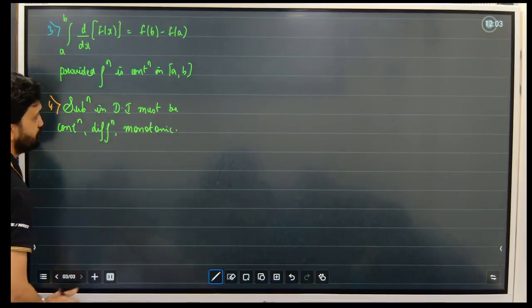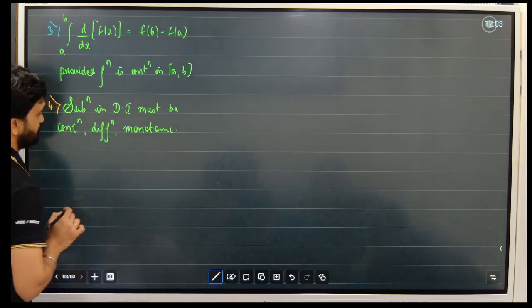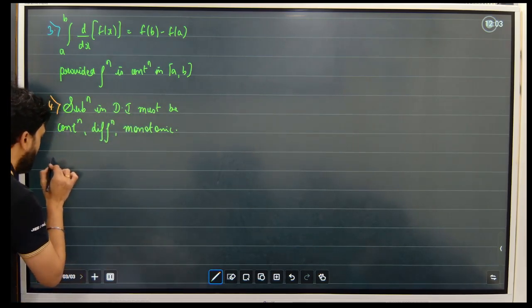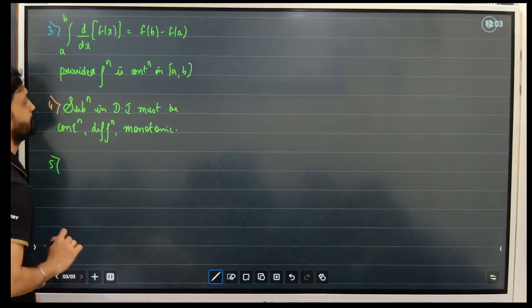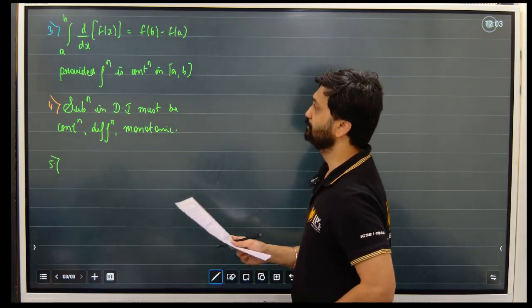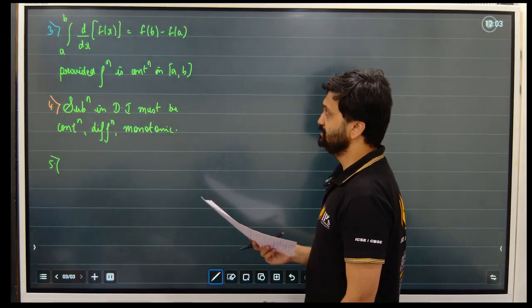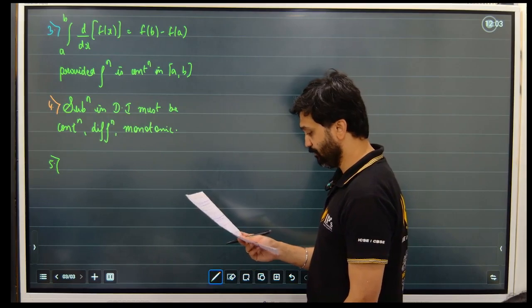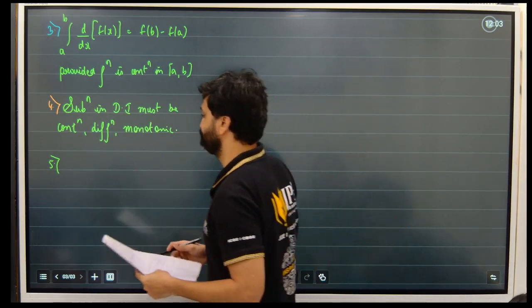Okay, substitution in definite integration must be continuous, differentiable and monotonic. So remember this, these are two very important points. First is f of b minus f of a that we are aware of, and second is this part.